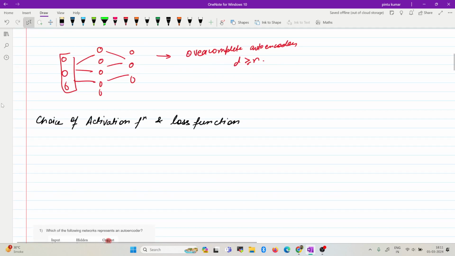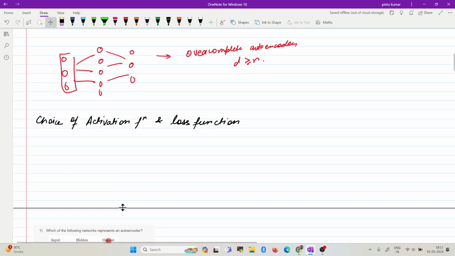Now, whenever we talk about neural networks, what things do we need to decide?